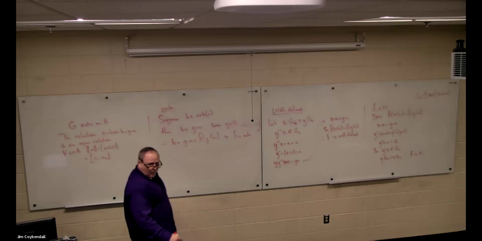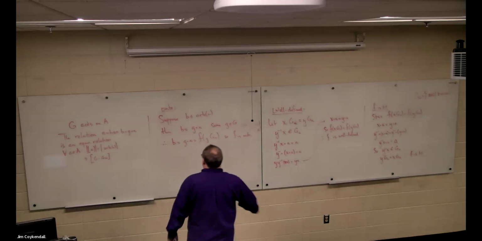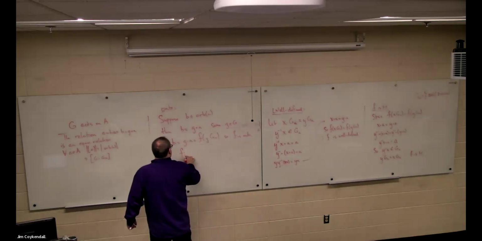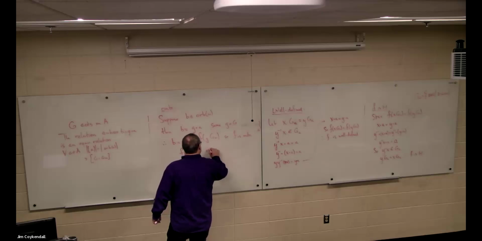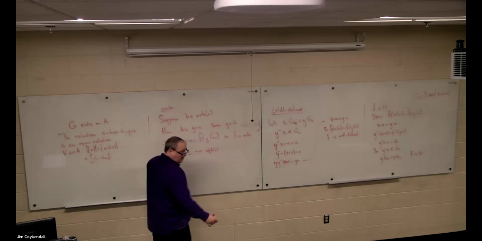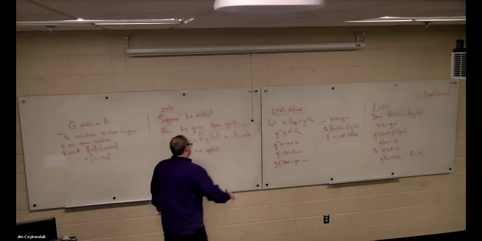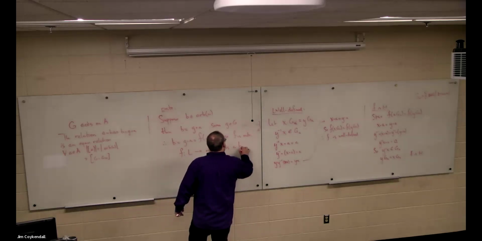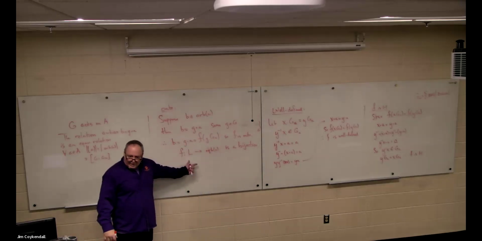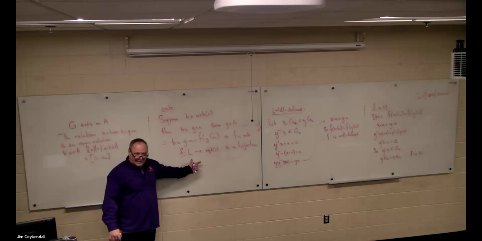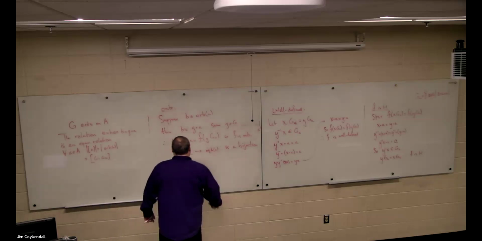What do we have? We have the map f from L into the orbit of a, or the equivalence class of a, whatever you like, is a bijection. And if you remember from 3190, when you have a bijection of two sets, that means that they're the same size.